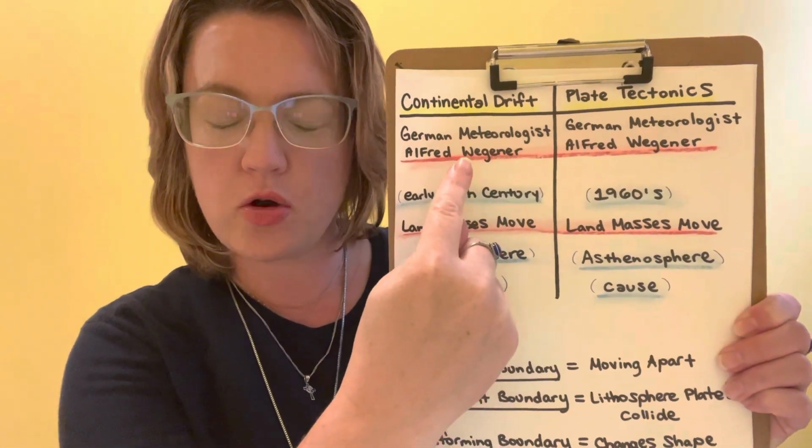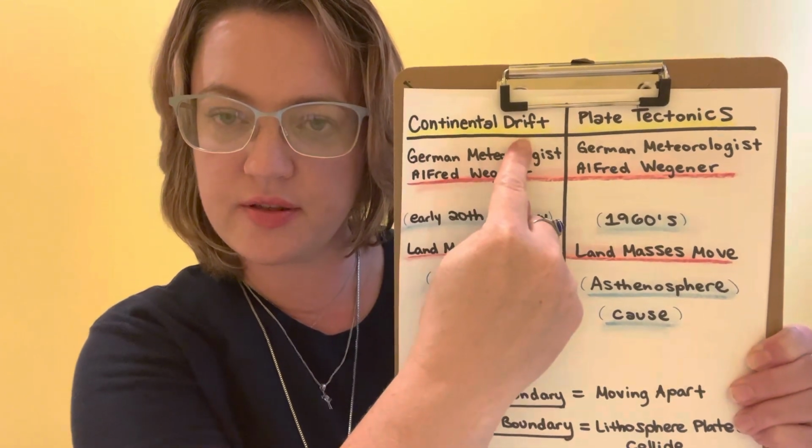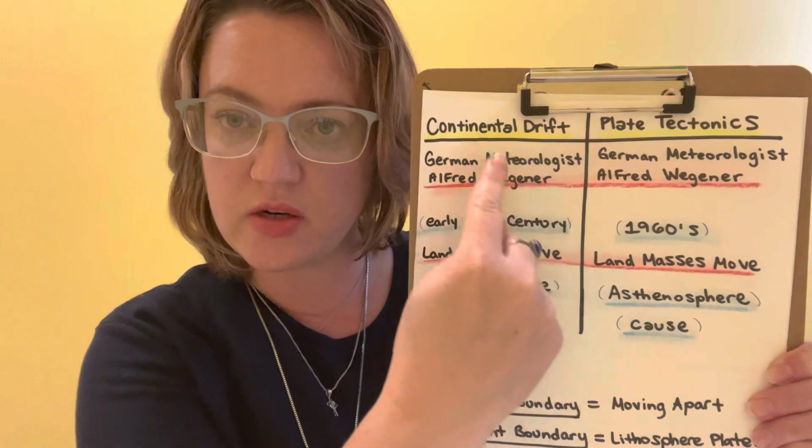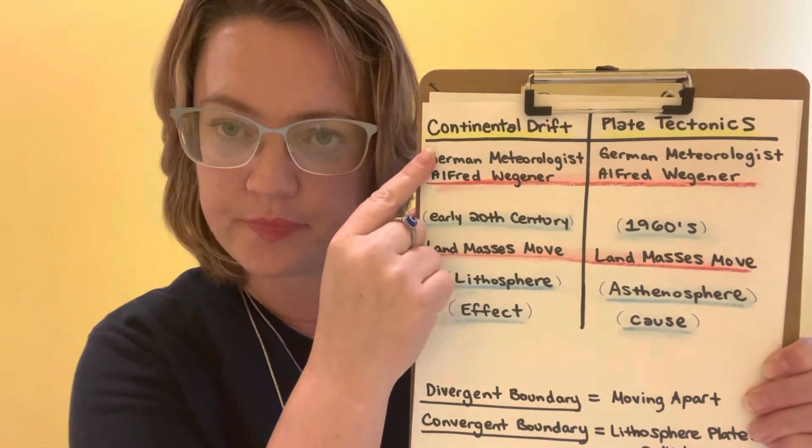He is correlated with the continental drift theory, which was the original first one that he proposed in the early 1900s.